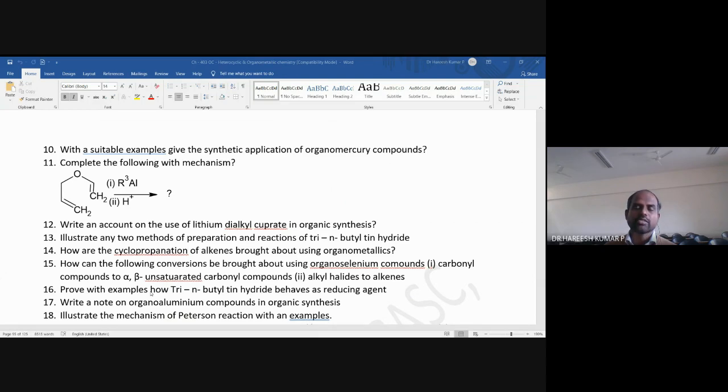When that negative charge is treated with phenylselenenyl chloride, there will be a new bond formation between the alpha carbon and the selenium compound.